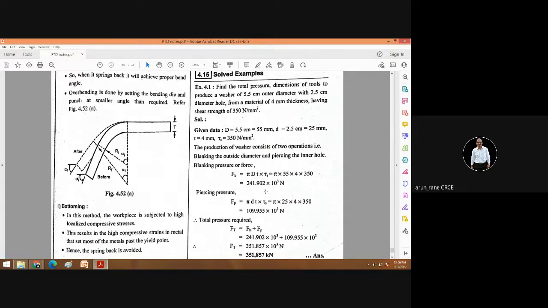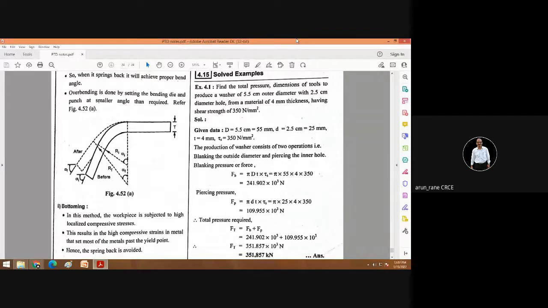All the dimensions that are in centimeter have been converted into millimeter first. So you get 5.5 centimeter as 55 and 2.5 centimeter as 25 millimeter. Thickness is already in millimeter, and shear strength is 350 Newton per millimeter square. Okay, so now for the washer, there will be blanking and piercing. So first we will calculate the blanking force.